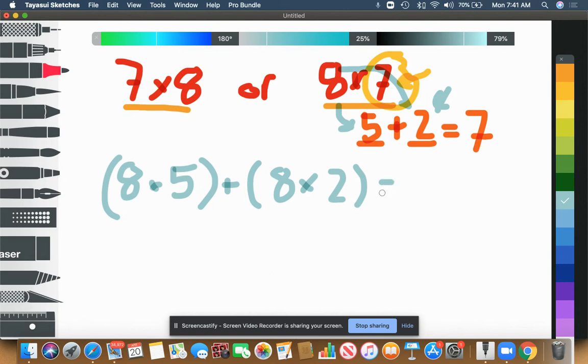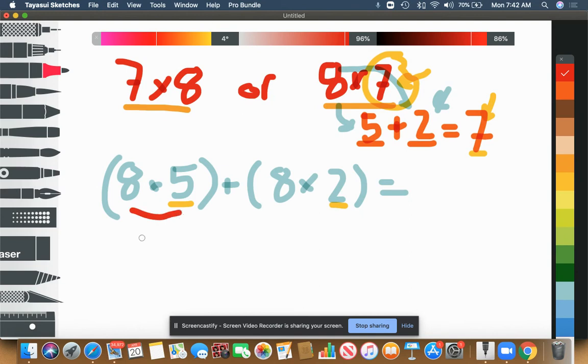So instead of doing 8 times 7, I can do 8 times 5 plus 2. Notice that 5 and 2, those 2 numbers add up to 7. So I can break apart this 7 into 5 and 2, because multiplying by 5 and multiplying by 2 is much easier.